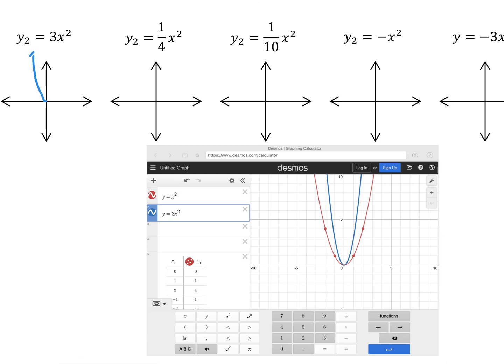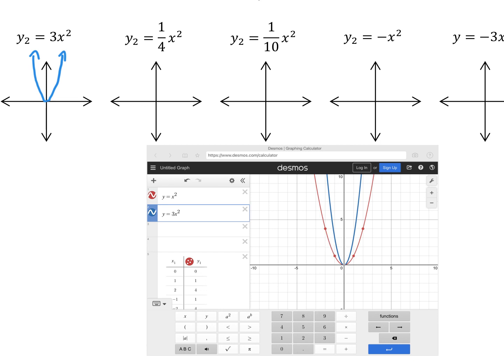So it's going to be kind of steeper or skinnier. Or actually, we'll say it's kind of a vertical stretch. So we call this vertical stretch. It's like this red one, which was our parent function, is pulled upward. This point that was right here is now pulled up to here. This point that was at a height of 1 is pulled up to 3.